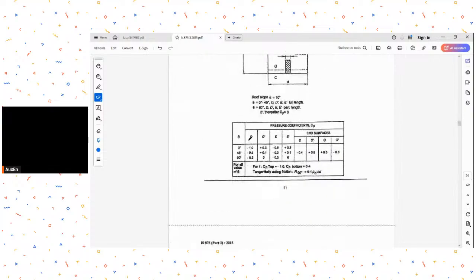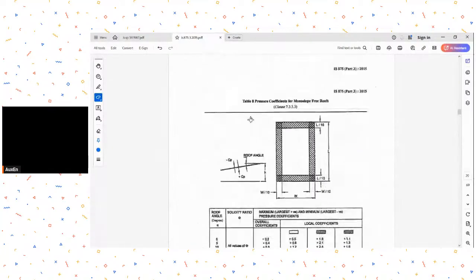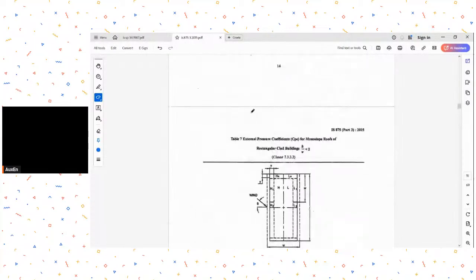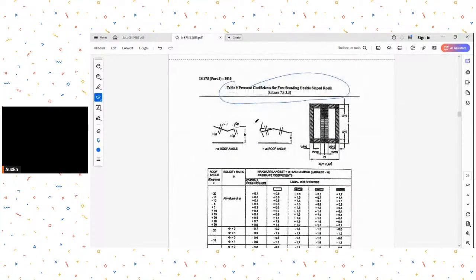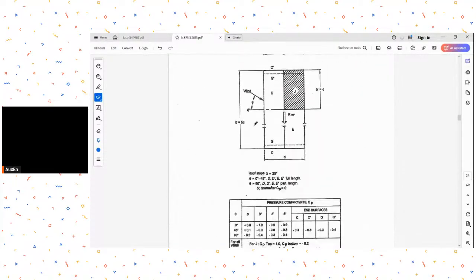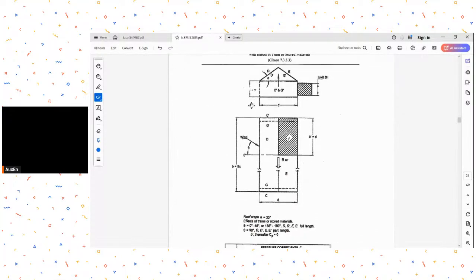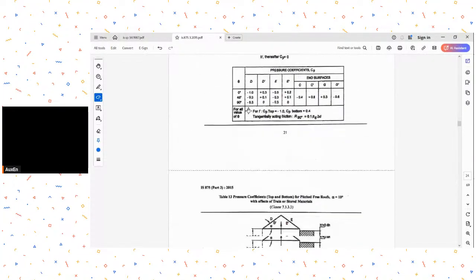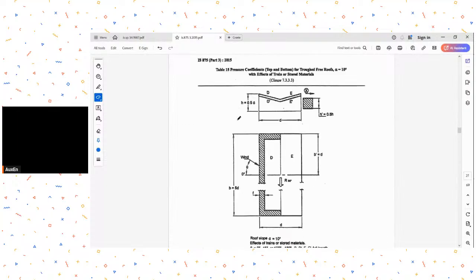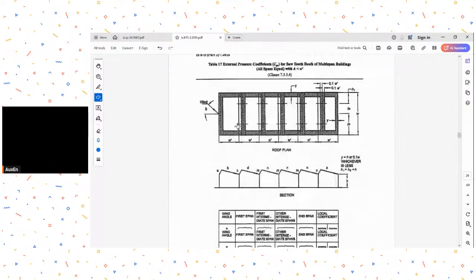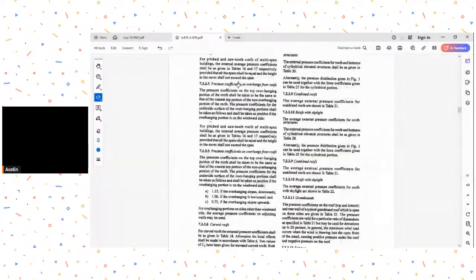But except for table 9, I don't see any other table which comes close to what we have got. And because we don't have cladding, it's a case of a freestanding roof. That's why I think table 9 is the best that we have got. So let us try to use table 9 over here.